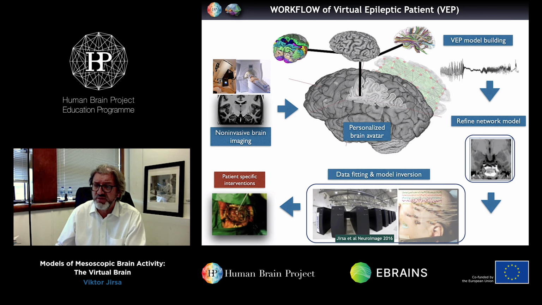Actually, we can refine the network model. And what we do in order to render it even more individualized is we apply methods of Bayesian inference. So data fitting, estimating the parameters in order to identify, and the parameters for us are the epileptogenicity. Those we want to estimate and then go to the surgery and extract them.